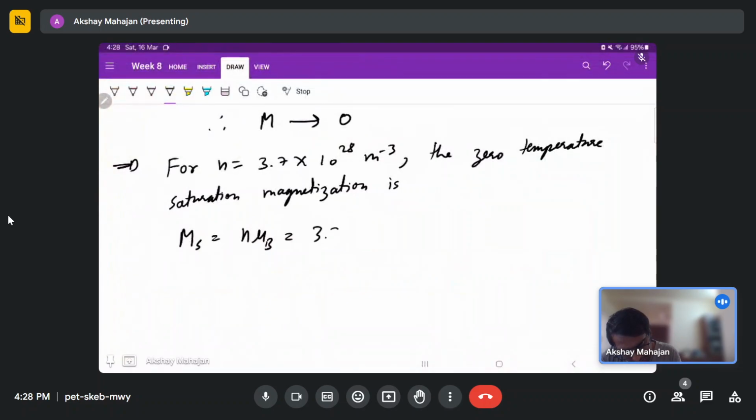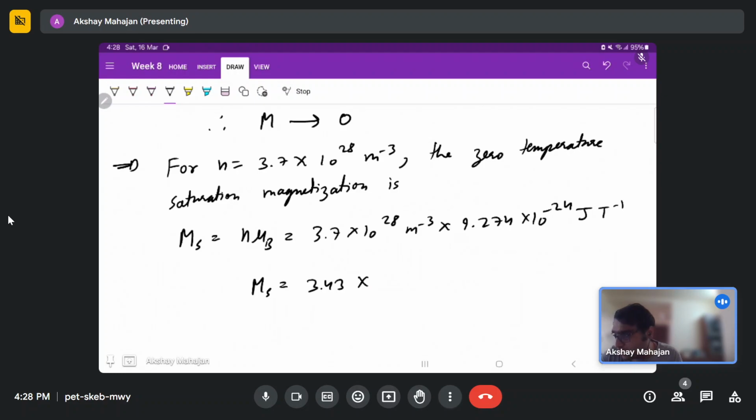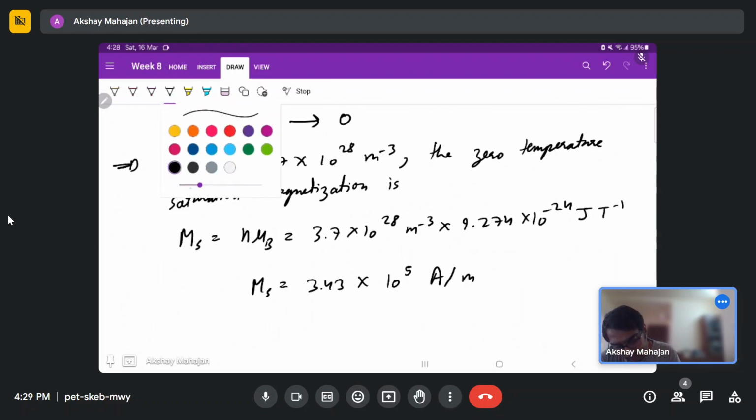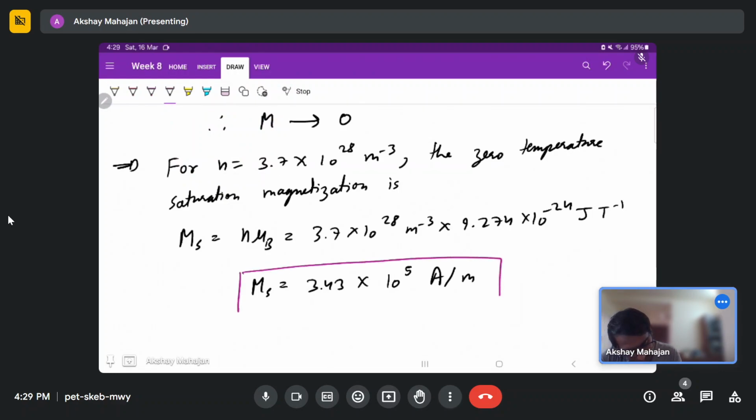Just put the value of n, 3.7 into 10 to the power 28 per meter cube, and the Bohr magneton is 9.274 into 10 to the power minus 24 joule per Tesla. So what you will get, Ms is equal to 3.43 into 10 to the power 5 ampere per meter. Okay, so this will be our saturation magnetization.